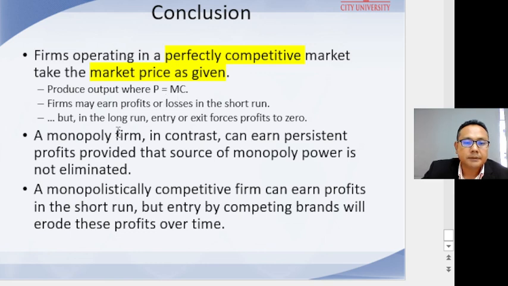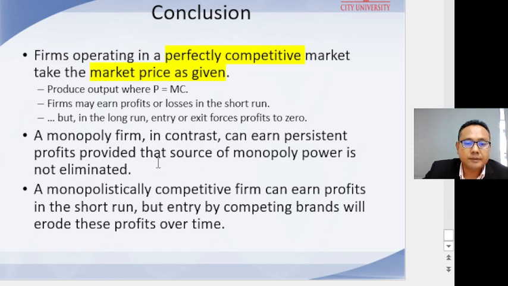Firms may earn profit or losses in the short run, but in the long run, entry or exit forces profits to zero. A monopoly firm, in contrast, can earn persistent profit provided that the source of monopoly power is not eliminated.